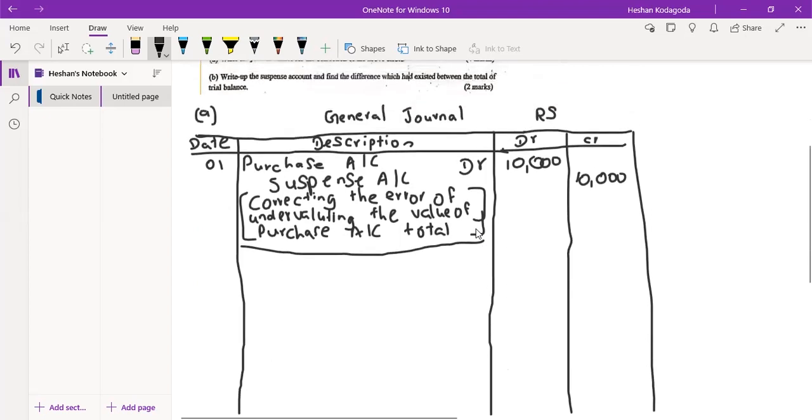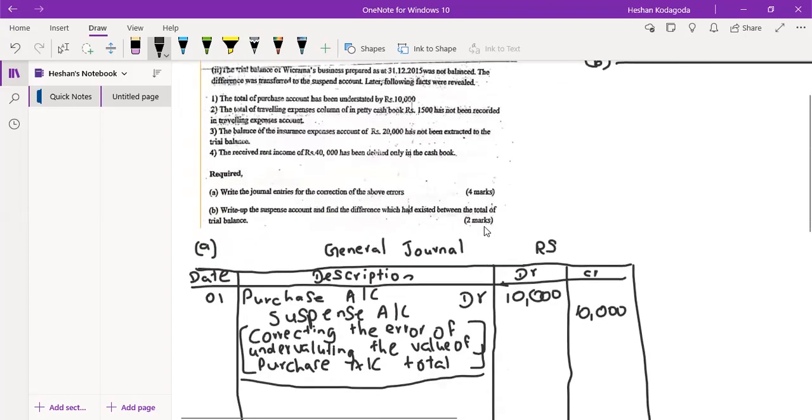Right. Now because of that, our traveling expense account is understated by 1,500. The traveling expense account balance is brought forward in the debit side since it's an expense account. So in our trial balance debit side, we can identify a difference, a deficit of 1,500.